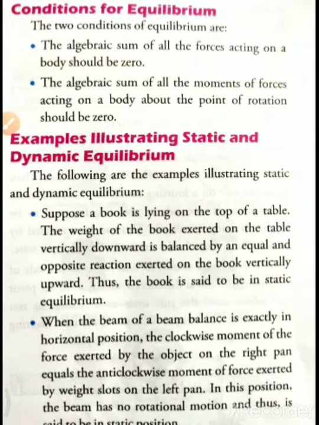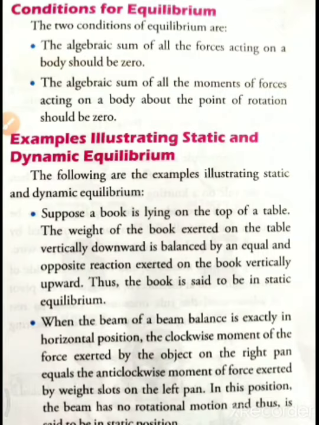Conditions for equilibrium. Two conditions are there. First, the algebraic sum of all the forces acting on a body should be 0. That means when a number of forces are acting, there is still no change in the state of the object, because the algebraic sum of all the forces acting on that body is 0.